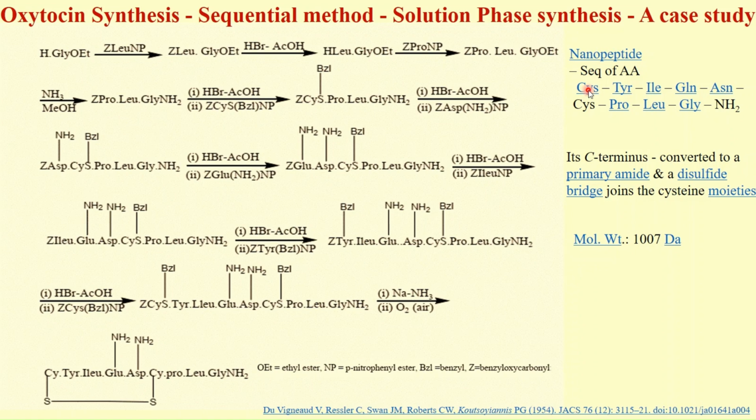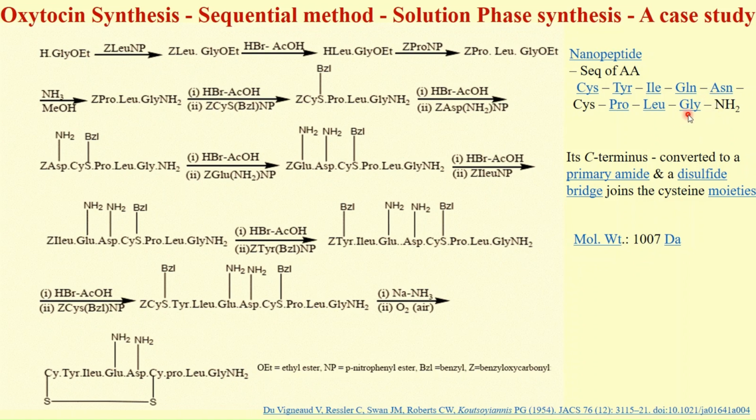The sulfur groups present in the cysteines are interlinked through a disulfide bond. This synthesis has been achieved in this manner. This nonapeptide has a molecular weight of around 1007.